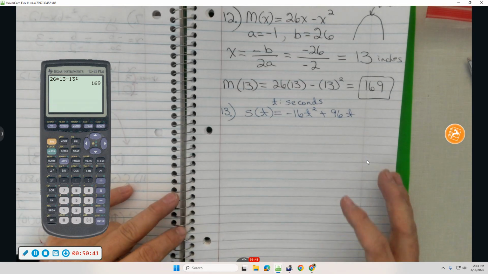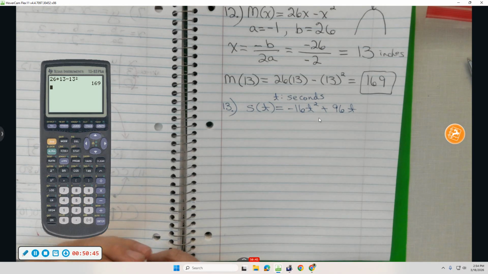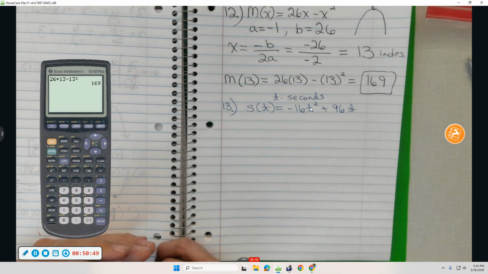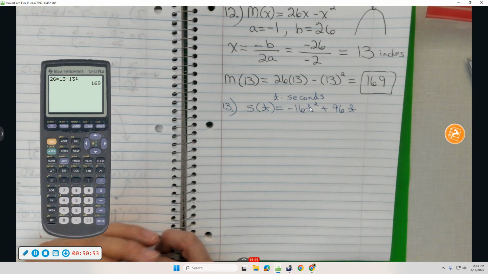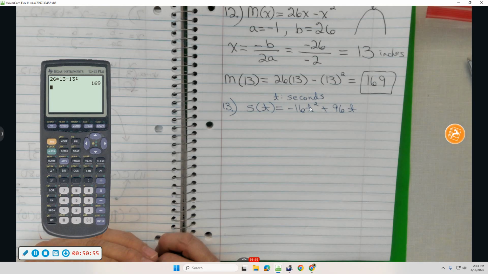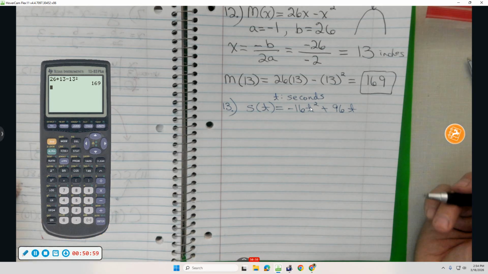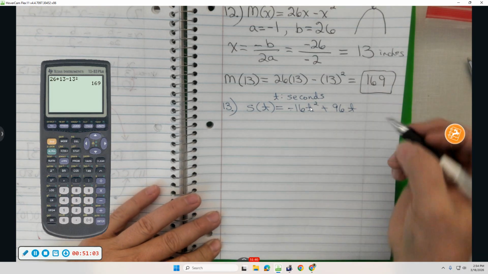What letter is acting like X here? T. So instead of X equals minus B over 2A, we'll use a T. Would we expect this parabola to be opening upward or downward? They don't ask us to draw the graph, but I still like to think about that. It's going to open downward because that A value is negative.